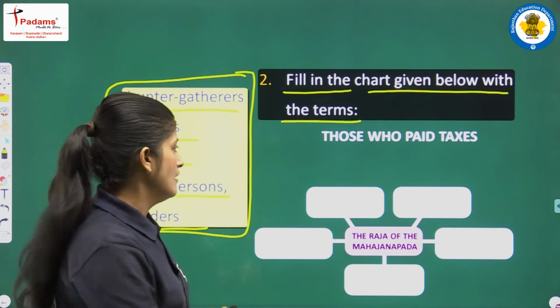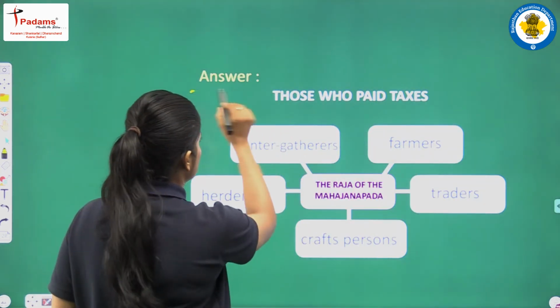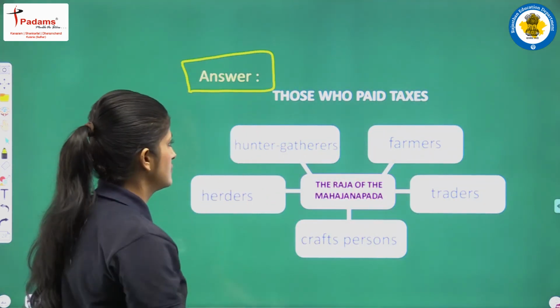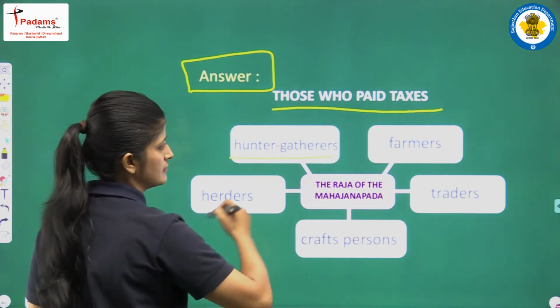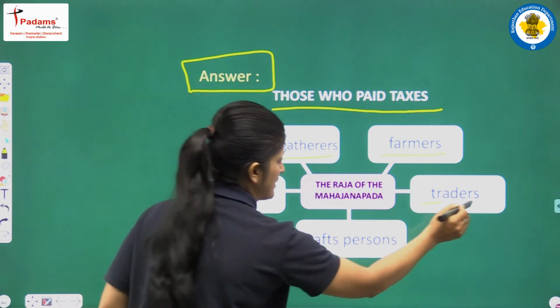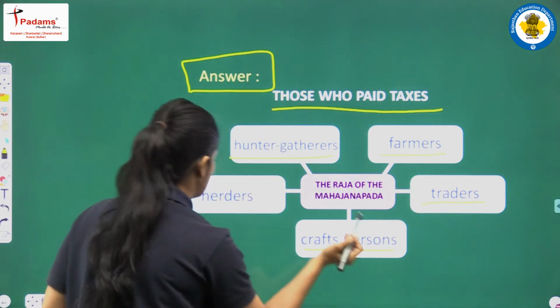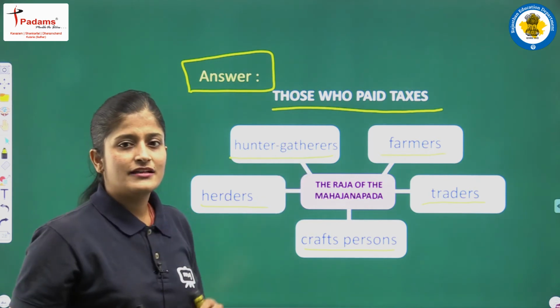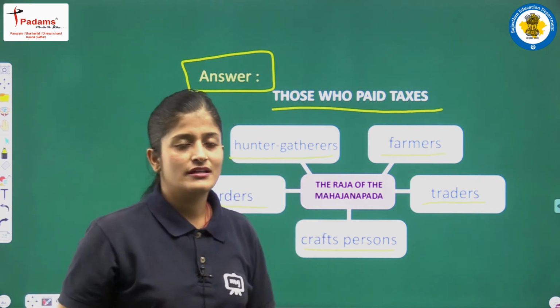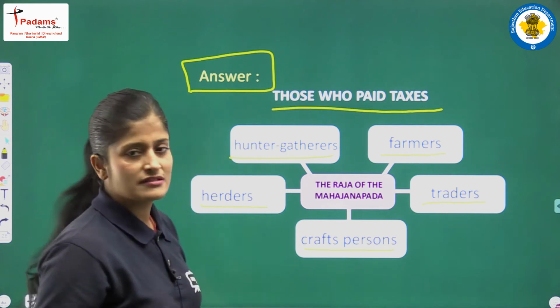So you will write the answer like this: those who paid taxes are hunter-gatherers, farmers, traders, craft persons and herders, and they paid their tax to Rajas. So question number 2 is complete.